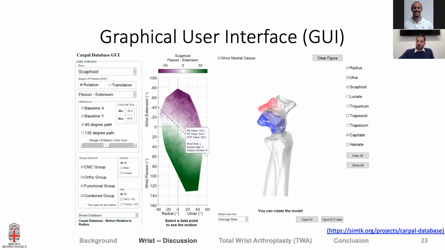In addition to the model, we created a graphical user interface that can be used to teach medical residents how the wrist motion changes the carpal bones' posture in various movements. The interface is also capable of loading subject-specific bone models or even other mathematical models.